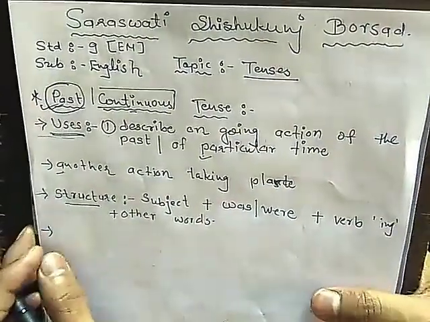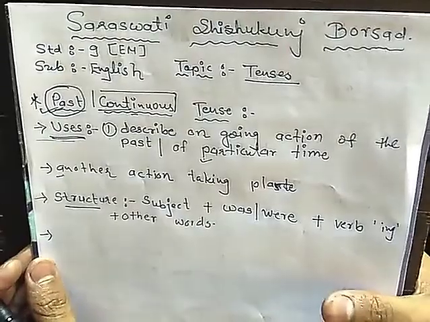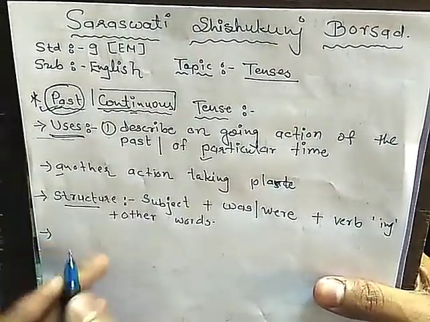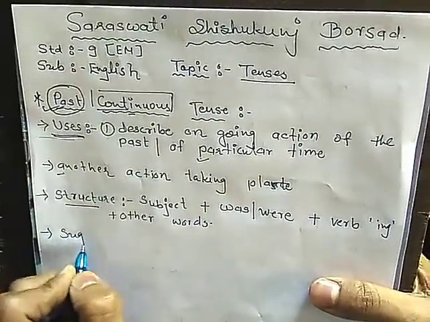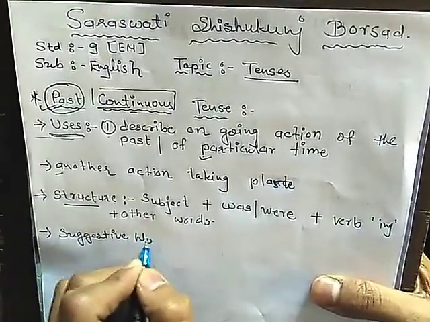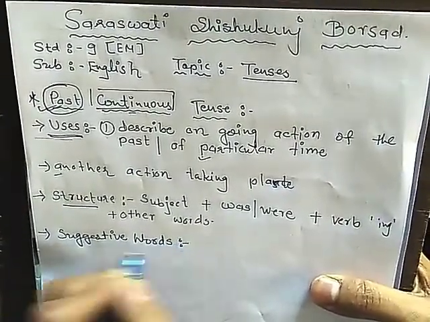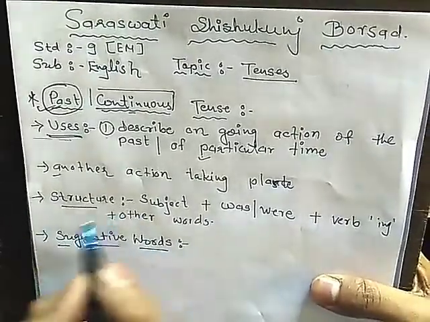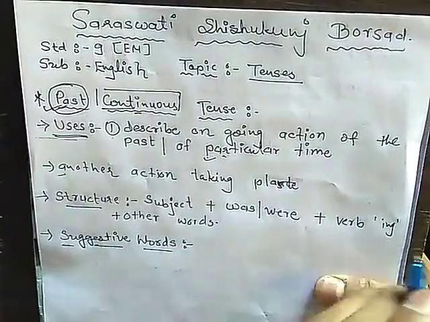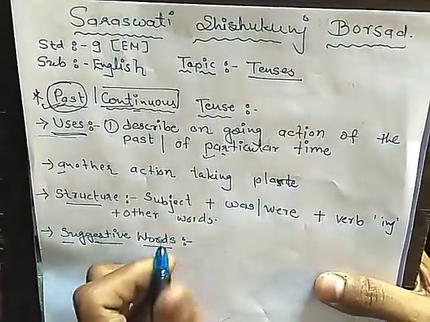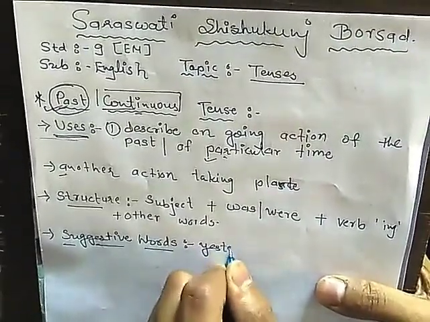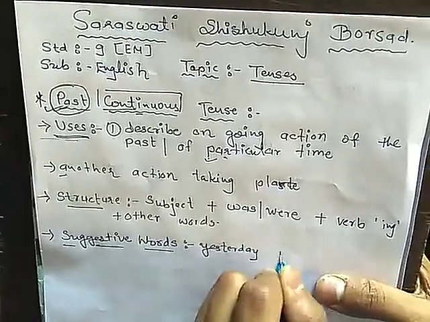Now, which are the suggestive words from which we can identify that this is past continuous tense? So, suggestive words. Suggestive words definitely will show the time, a particular time. Let us see what kind of words those are. Likewise here, yesterday in the evening.